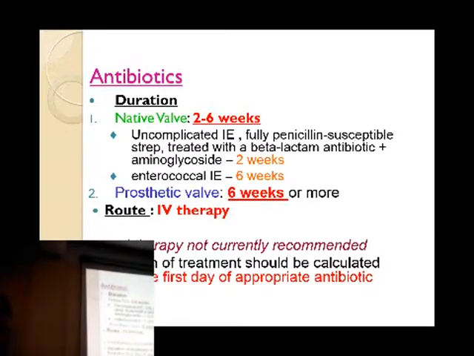With this background, we can discontinue after 2 weeks of therapy. But when it comes to prosthetic valve, it is either 6 weeks or more, depending on the prosthetic valve and circumferential complications. Always therapy should be given intravenously and there is no place for oral therapy.